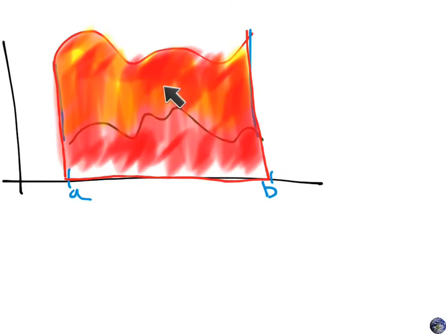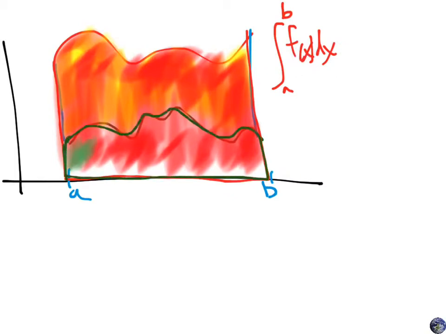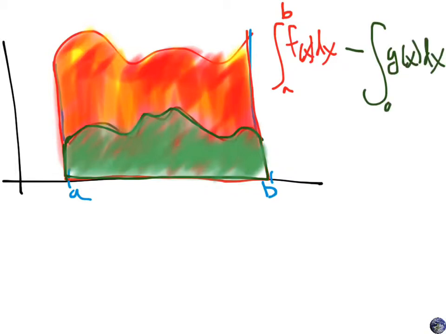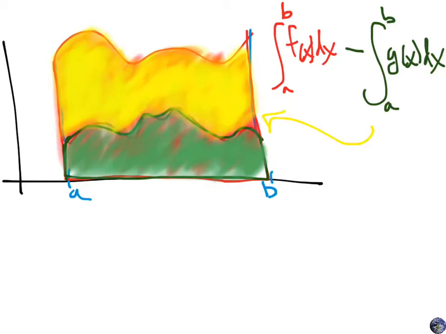Of course, we don't want all of that, we only want this part right up here. So rather than looking at only the red area, the integral from a to b of f of x dx, let's take away the g of x part. That would be subtracting off the integral from a to b of g of x dx, and what's going to be left? Just exactly the area that we want.